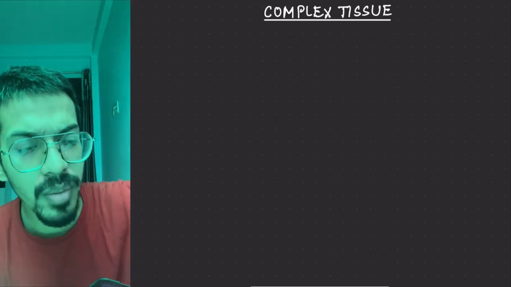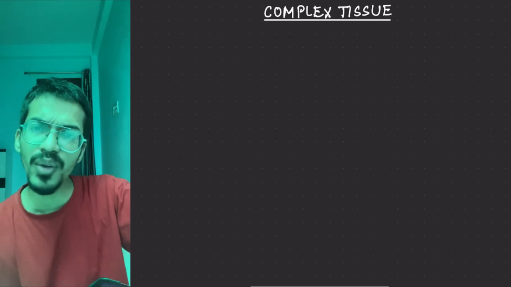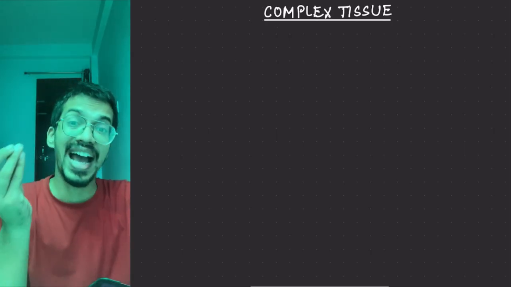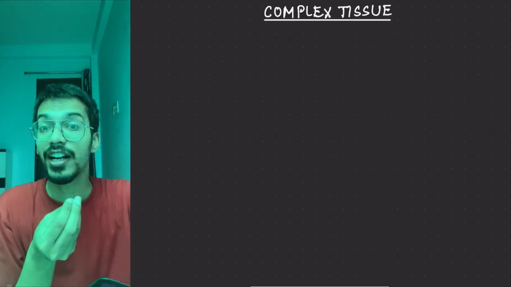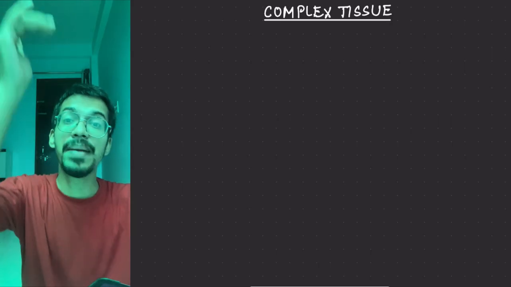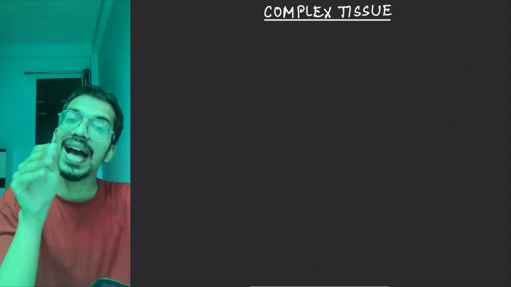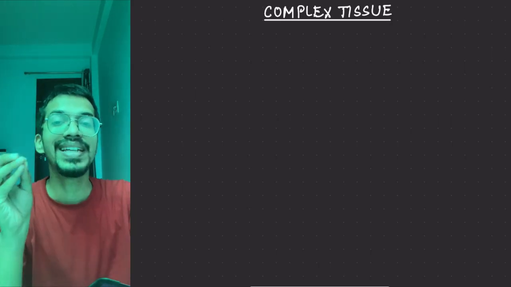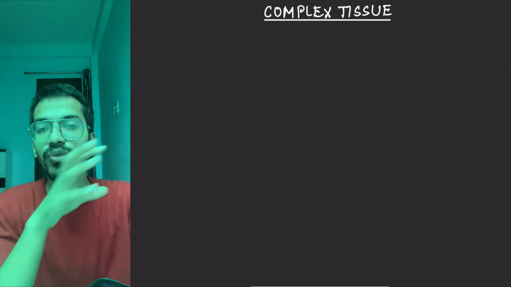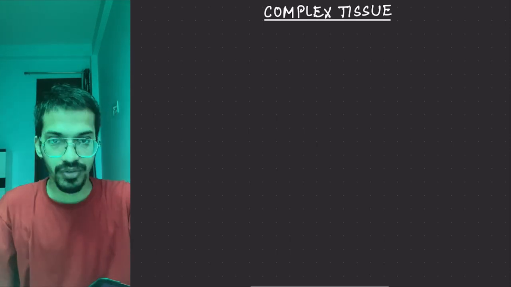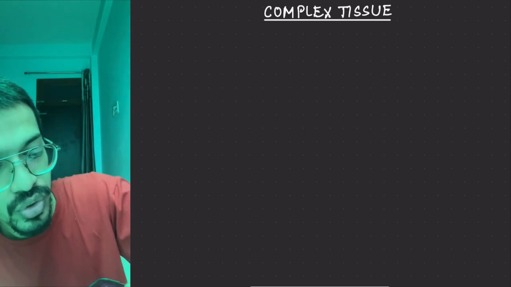Till now what do we know about xylem and phloem? We know that xylem will help in water and mineral conduction from the roots towards the stem and leaves, whereas phloem will conduct the movement of food from leaves to the different parts of the plant body.